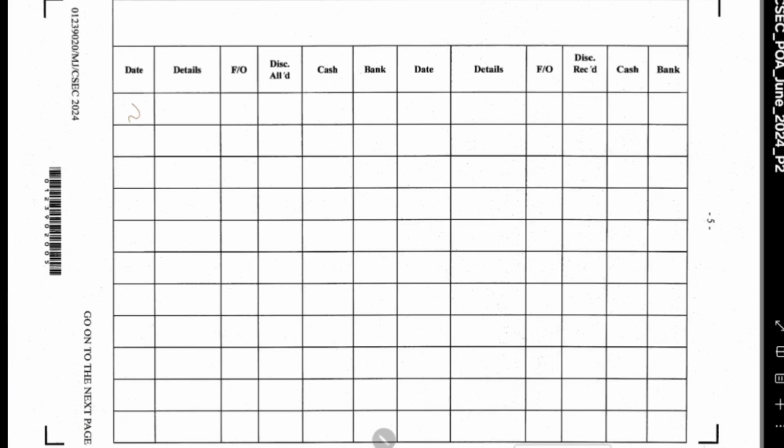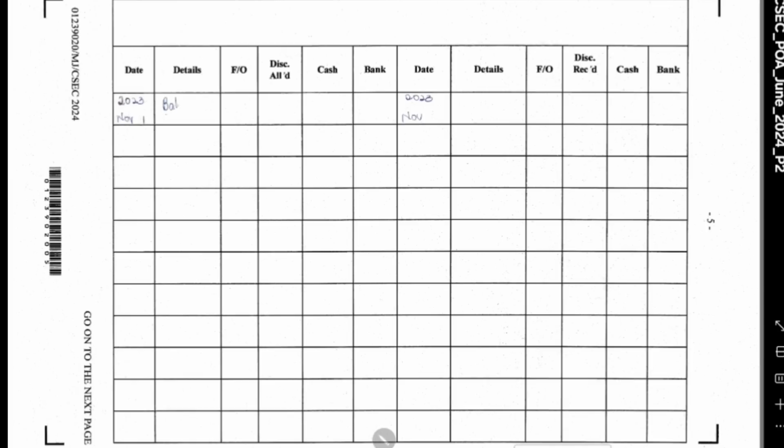So this is 2023, so we're gonna write 2023 here, and also 2023, and this is for the month of November. So put November. So November the 4th, we have cash, which is balance brought down.